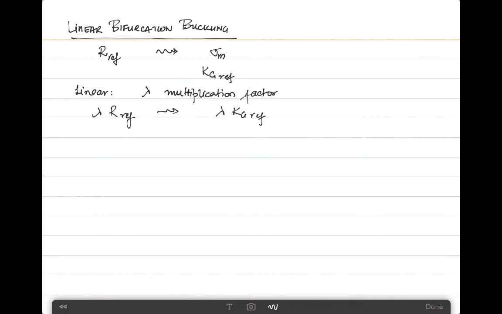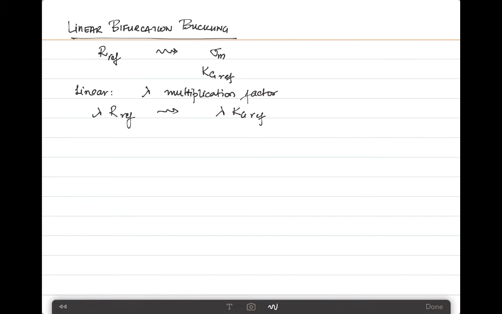This implies that multiplication of all the loads also multiplies the intensity of the stress field. Because this problem is presumed linear, the conventional stiffness matrix, the regular one, which is Km, remains unchanged.